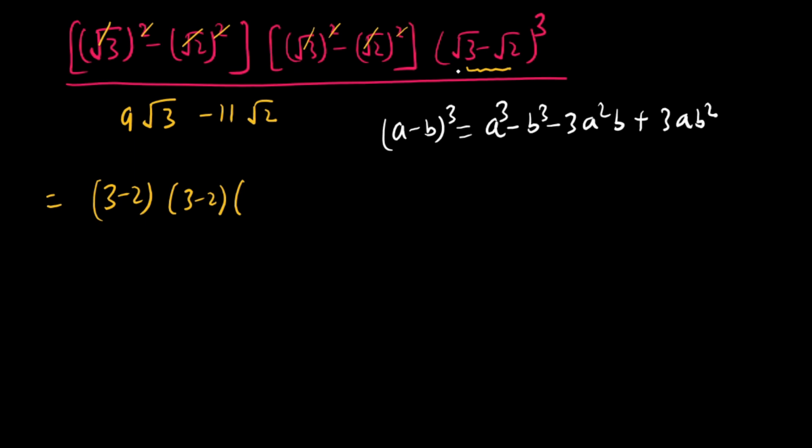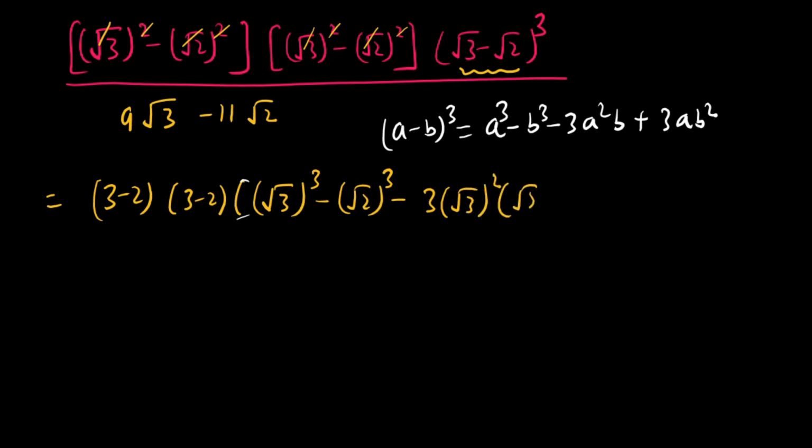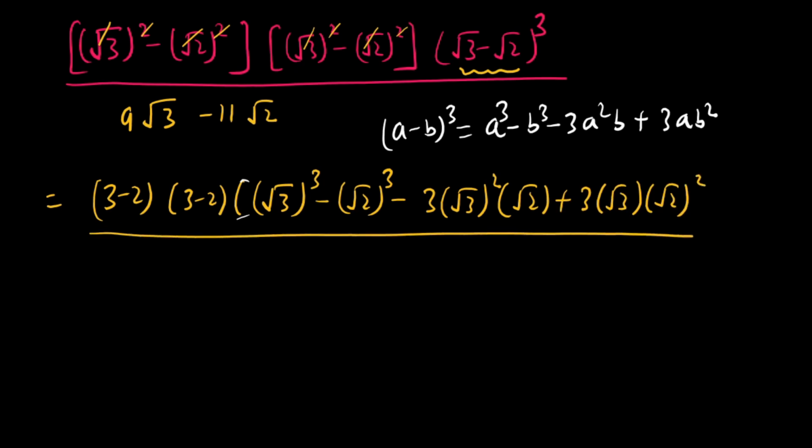If we apply this identity here, then we can say square root of 3 whole power 3 minus square root of 2 whole power 3 minus 3 times square root of 3 whole power 2 times square root of 2 plus 3 times square root of 3 times square root of 2 whole square, and divided by 9 times square root of 3 minus 11 times square root of 2.